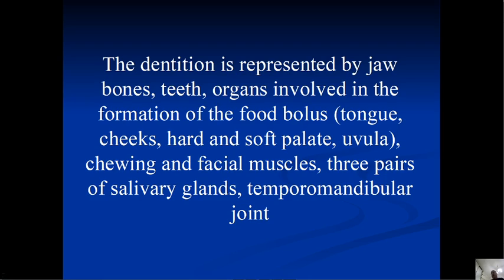And the organs involved in the formation of the food bolus are the tongue, cheeks, hard and soft palate, uvula, chin and facial muscles, and three pairs of big salivary glands. There is a glandular apparatus. The biggest salivary gland, glandula submandibularis, and glandula sublingualis, and the temporomandibular joint.